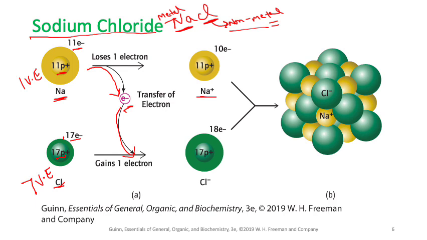Sodium will get a positive charge because now it has 1 electron less, and chlorine will get a negative charge because right now chlorine has an extra electron, so that means extra negative charge compared to the positive. So sodium is going to make a cation. I can say sodium is a cation and chlorine is your anion.